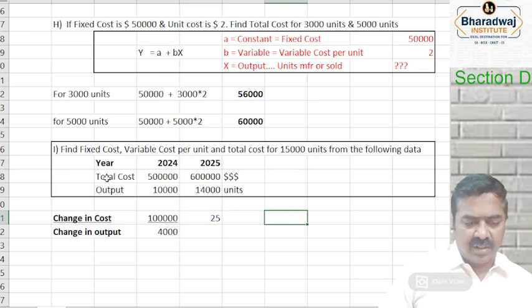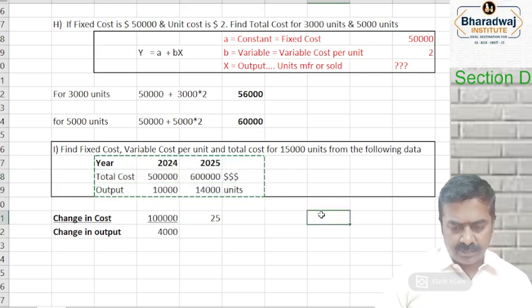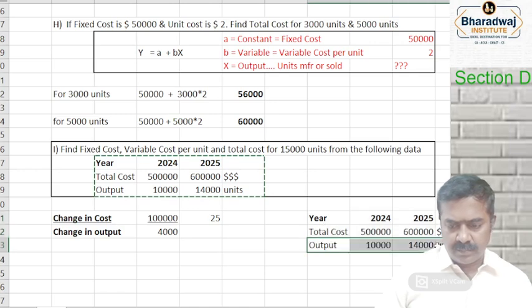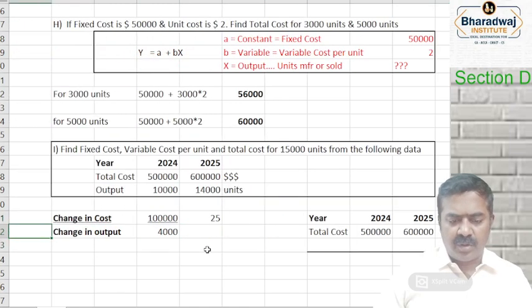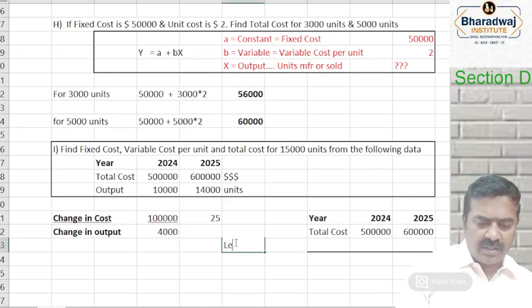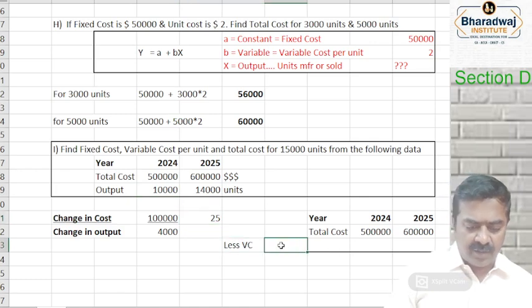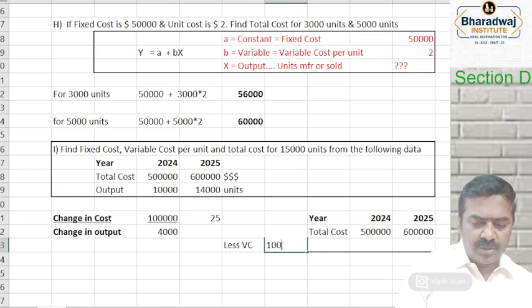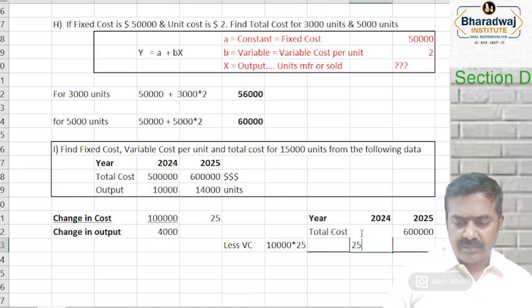Now let me take the same information. Total cost less variable cost. Variable cost we know will change with output. First year, 10,000 into 25, 2,50,000.